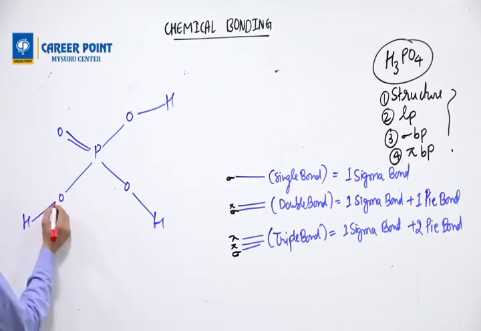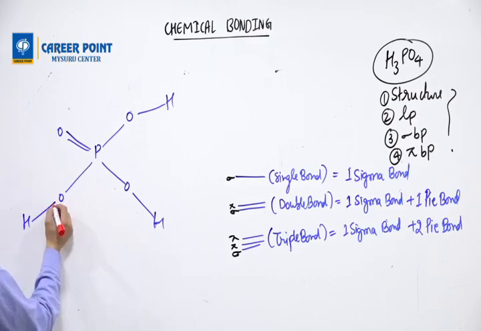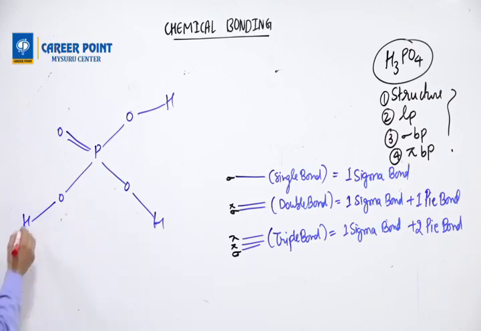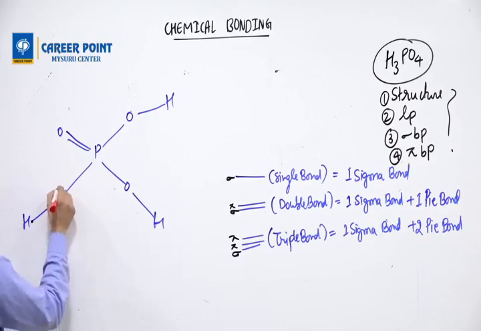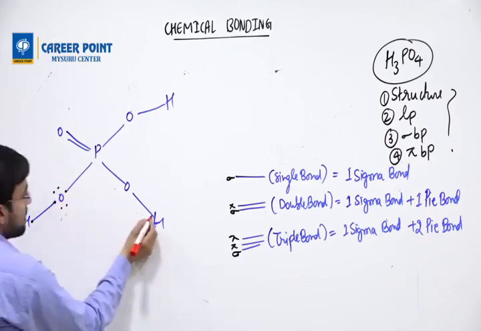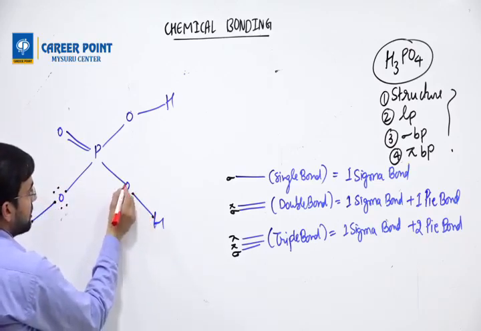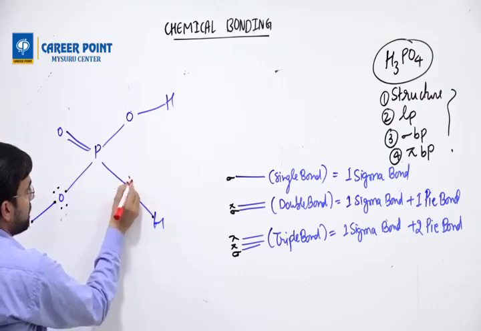Okay, so now what happens is, hydrogen got 1, oxygen has got 6: 1, 2, 3, 4, 5, 6.